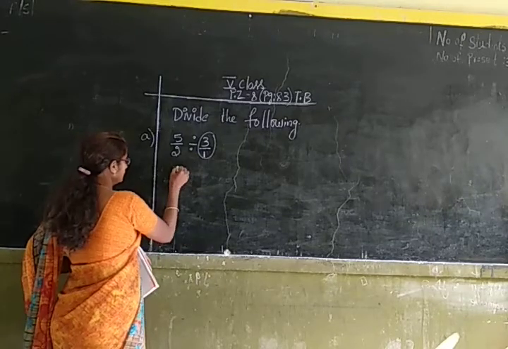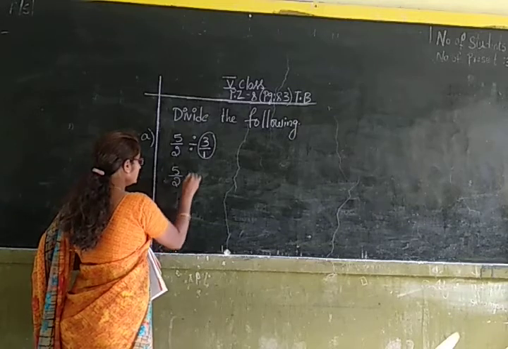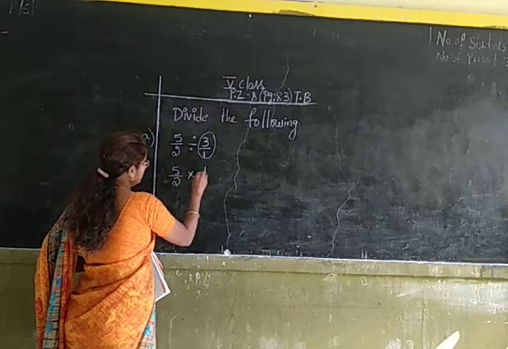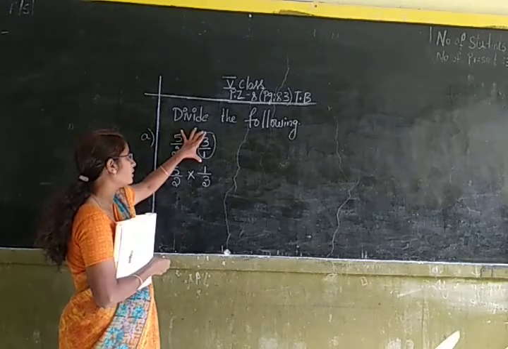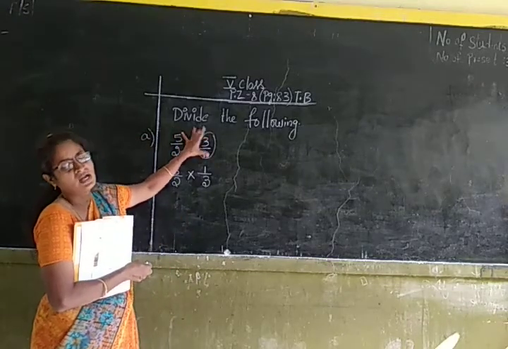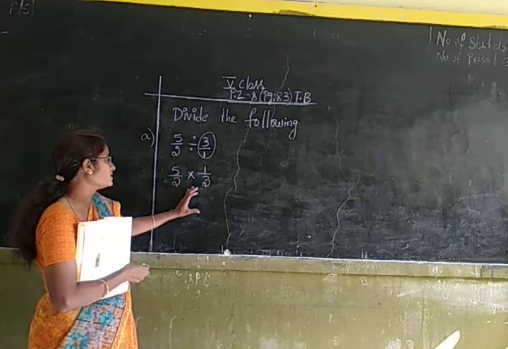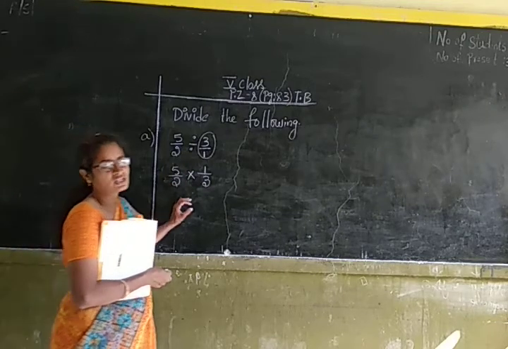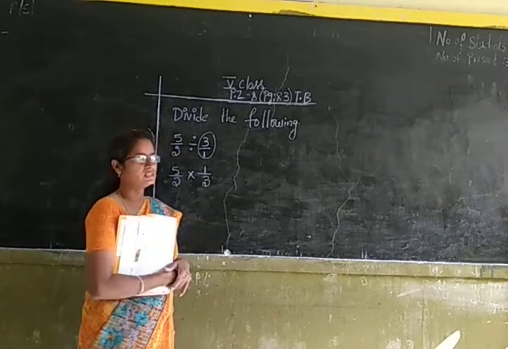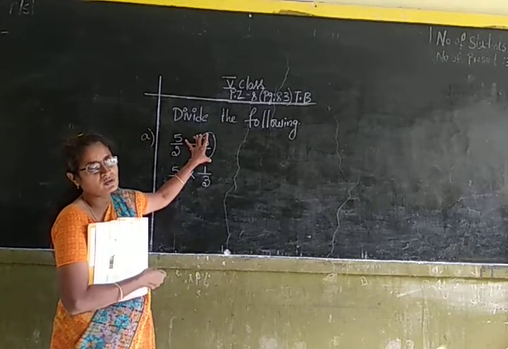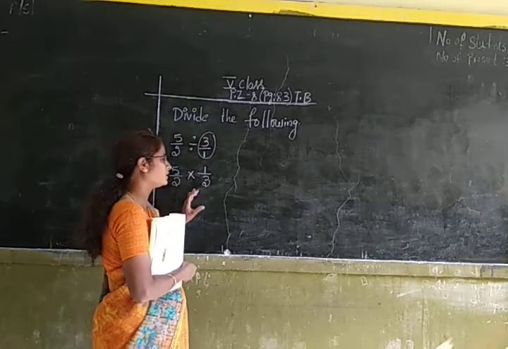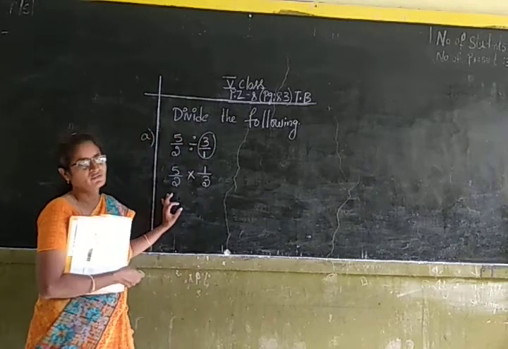So 5 by 2 into 1 by 3. First we write the reciprocal of the whole number, and then we multiply the reciprocal with the fraction.